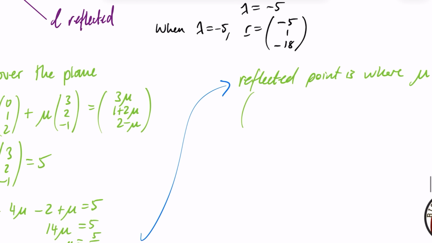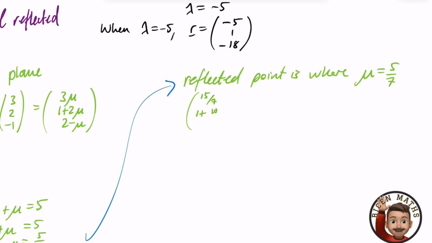So that's 3 times 5 over 7, 1 plus 10 over 7, and 2 minus 5 over 7. So we have 15 over 7, 1 plus 10 over 7, that's going to be 17 over 7. I don't even need the calculator for that. 2 minus 5 over 7, I think that's 9 over 7. It is.